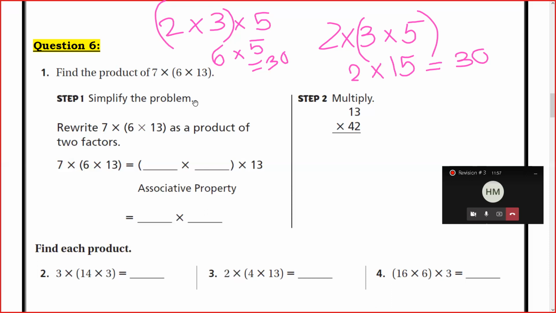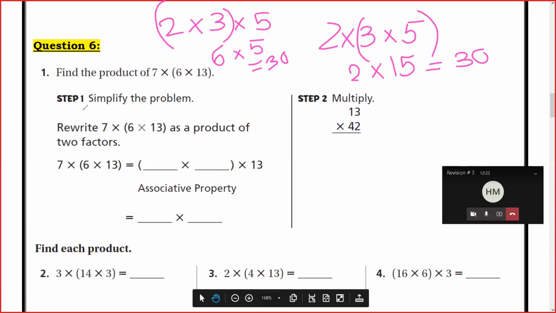Now, sometimes I can use this property in order to multiply a big number such as 7 times 6 times 13. So now, the first step, you need to simplify the problem. If you multiply 7 times 6 first, you get the same as if you multiply 6 times 13 first.